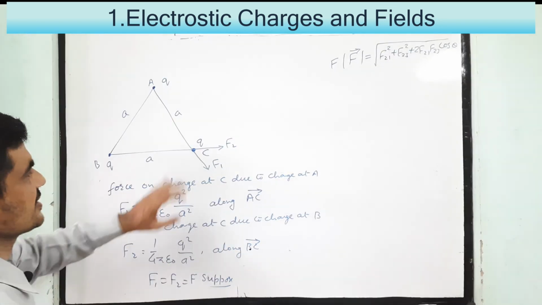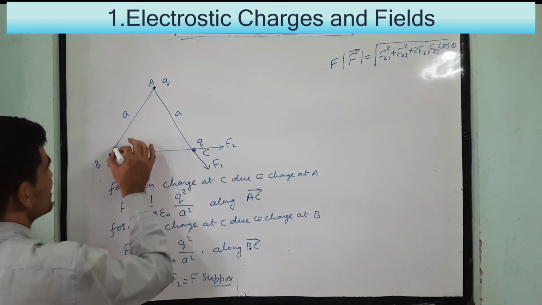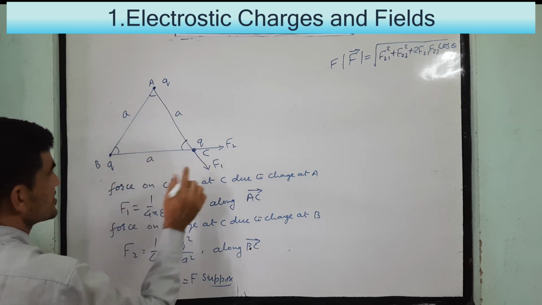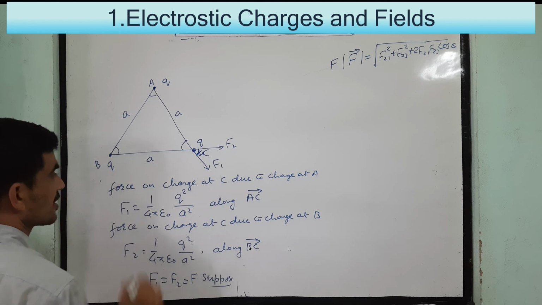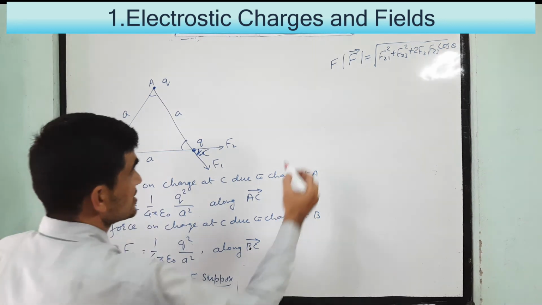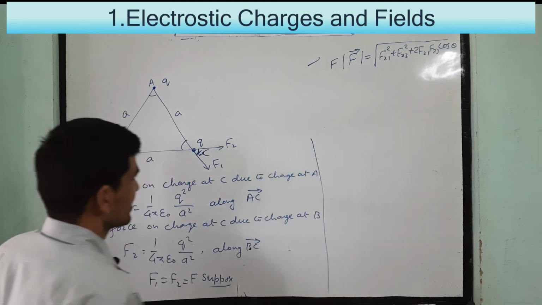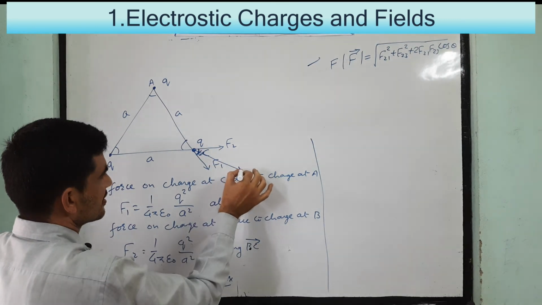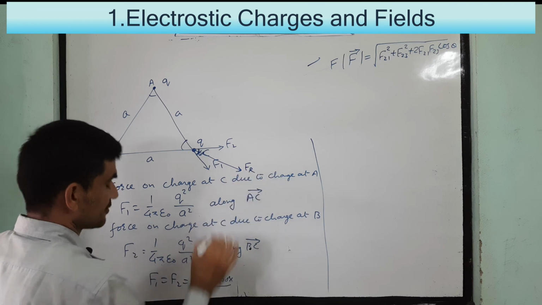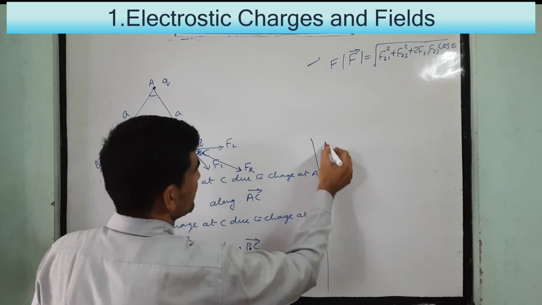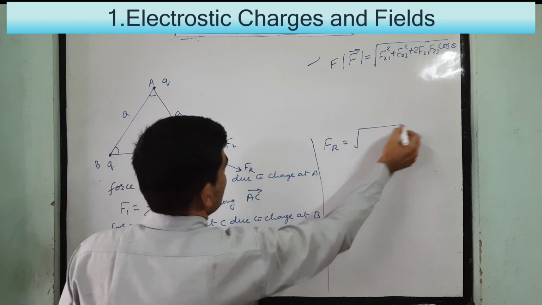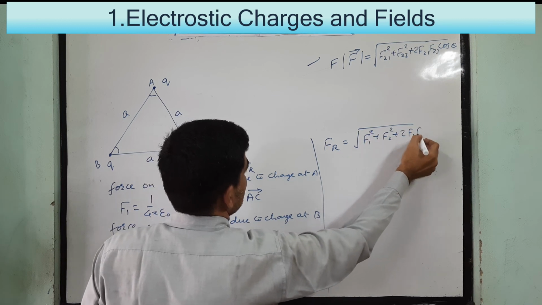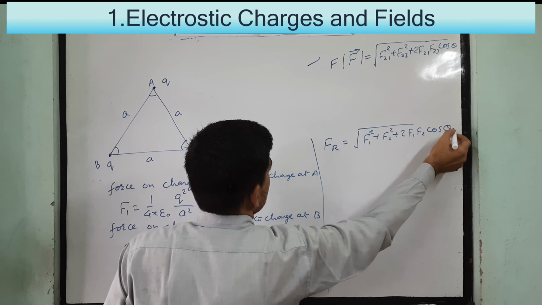Using simple geometry, in an equilateral triangle all these angles are 60 degrees, so this angle will also be 60 degrees. Using this formula we can find the resultant force Fr. Fr is the square root of F1 square plus F2 square plus twice F1 F2 cos of the angle between them.